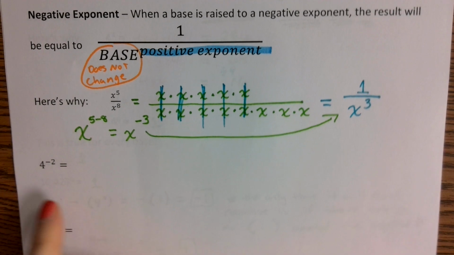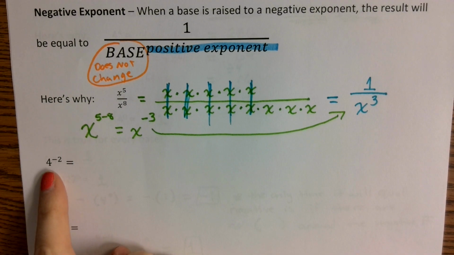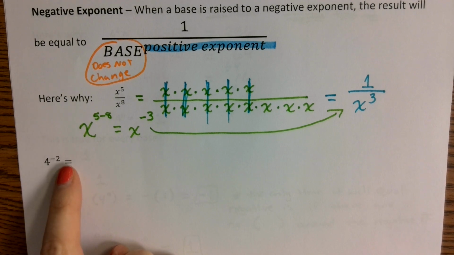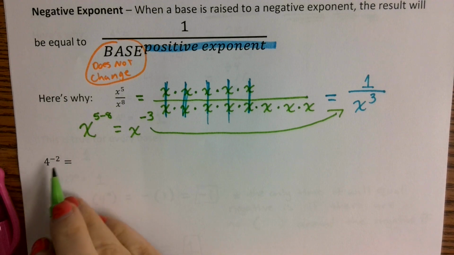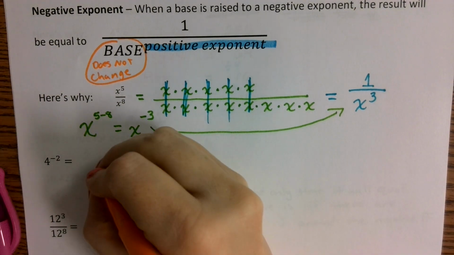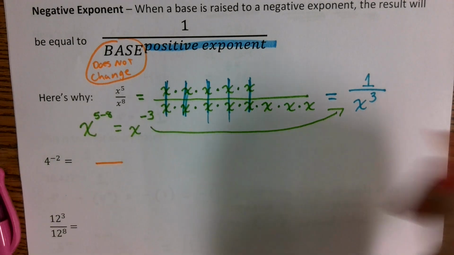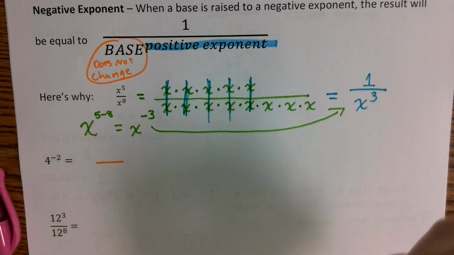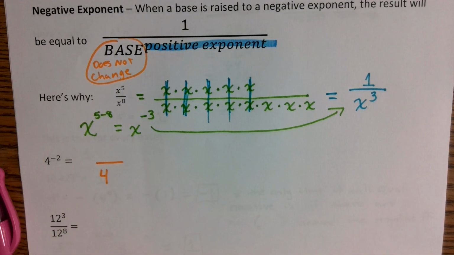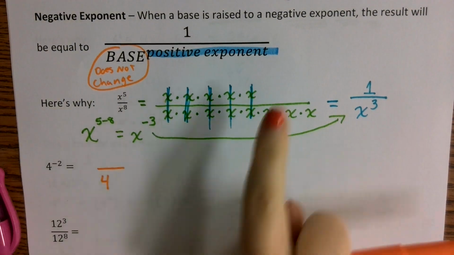So let's take a look at this first example. We have 4 to the negative second power. I'm going to go ahead and do the reciprocal. I'm going to keep my base. What was my base? 4. And where's the base going to go? On top or on the bottom? On the bottom. So we're going to put 4 on the bottom. What value always goes on top?